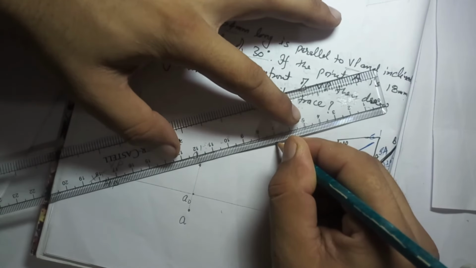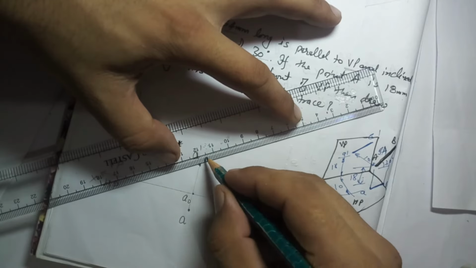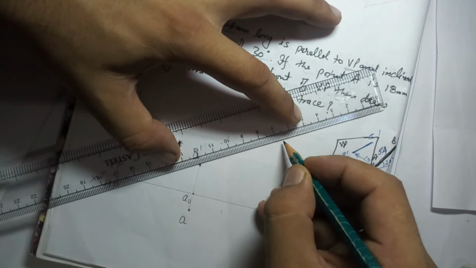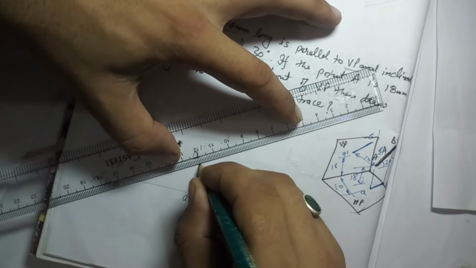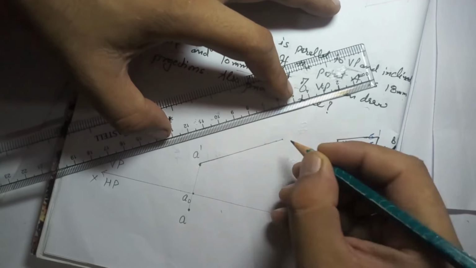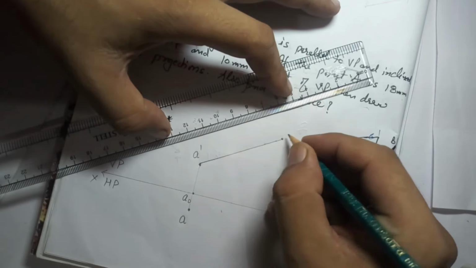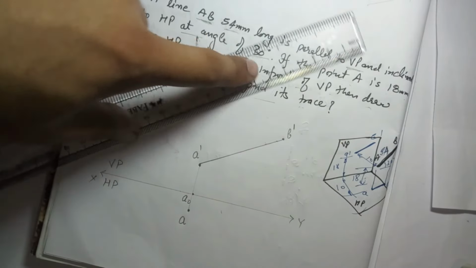Now you have to draw the line of length 54 mm. So you get this point, and it has length 54. This is the front view B dash.